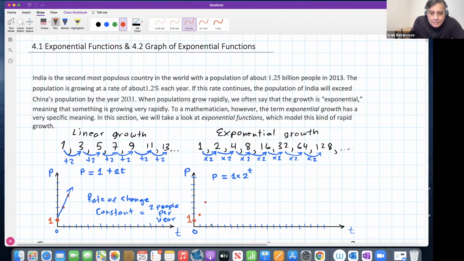And the next, for 3, it blows up. 2 to the third power is 8. So 1, 2, 3, 4, 5, 6, 7, 8. Up here, all the way up here, so it blows up. Let me just do it in blue.